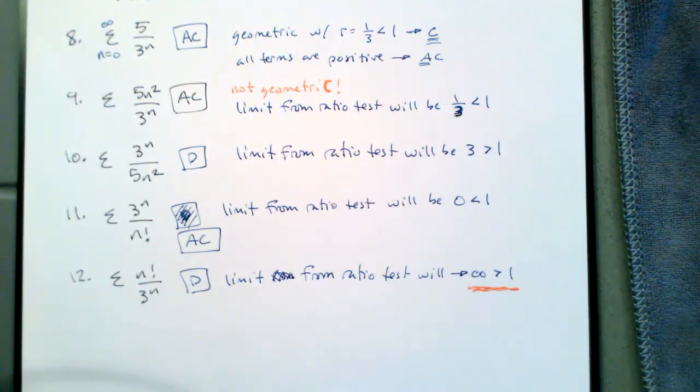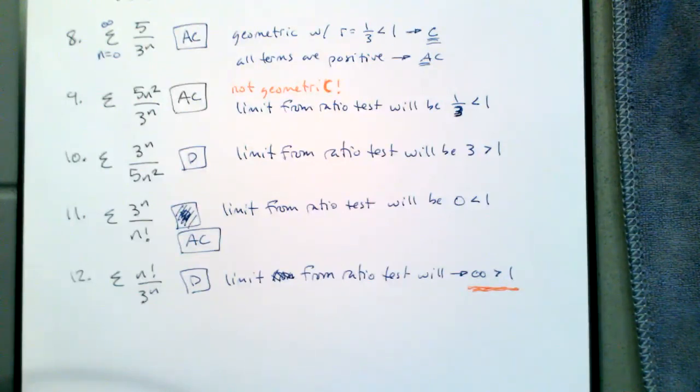So all we have to do now is look at a bunch of series. This was only 12. This is hardly any. But look at a series and we want to decide quickly if it's absolutely convergent, conditionally convergent, or divergent.